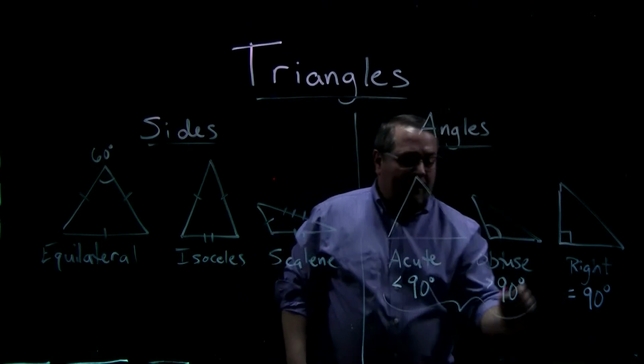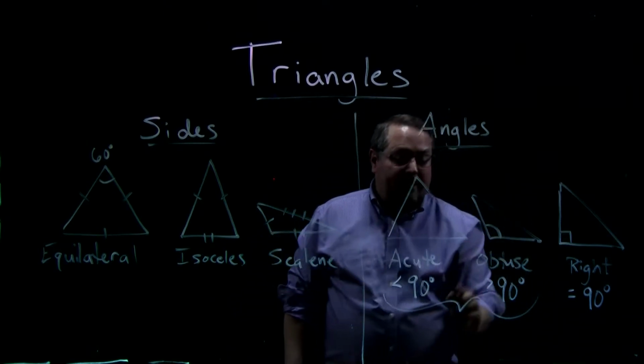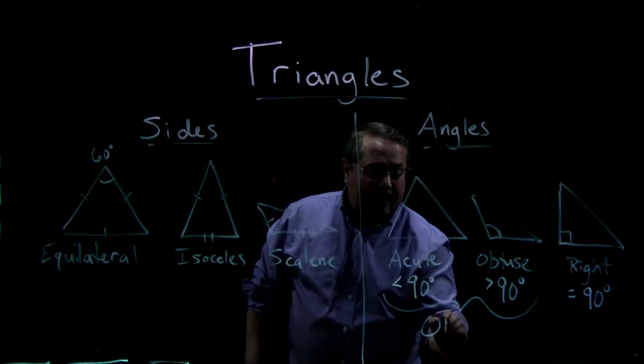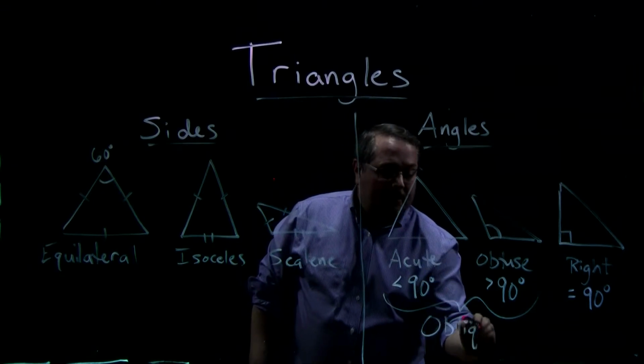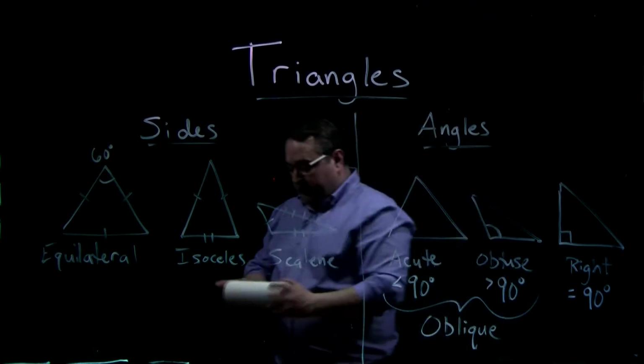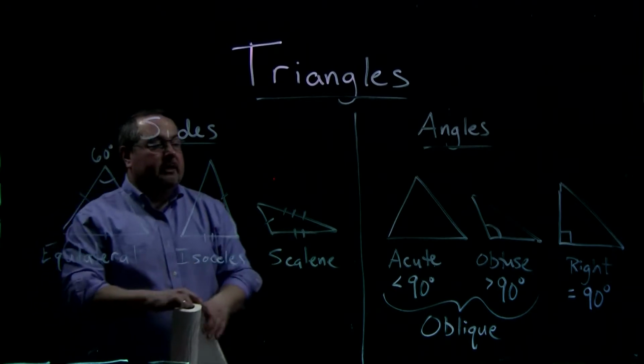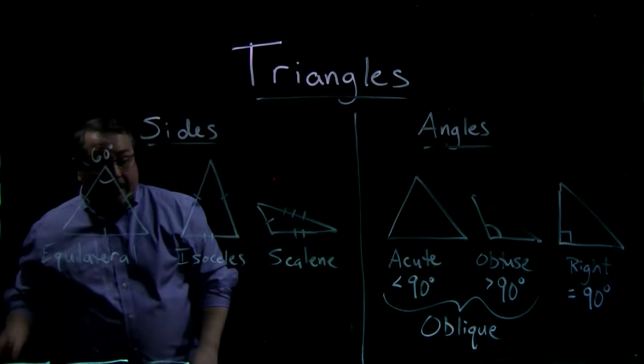Now we have one further classification. Sometimes if we have a triangle that is not a right triangle, we will refer to it as an oblique triangle. And again, once we get into the last unit and we look at the law of sines and the law of cosines, we'll be doing a lot of things with oblique triangles.